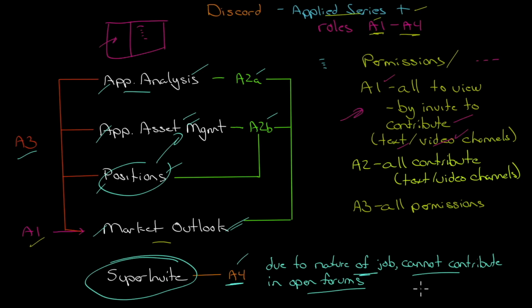They can't contribute in open forums. It is for them to have their conversation among themselves. That's why I call it a super invite, because it is for people who can only contribute if where they're contributing is by invite only. So that's not going to affect, I think, on the YouTube channel, very many people. And there we go.